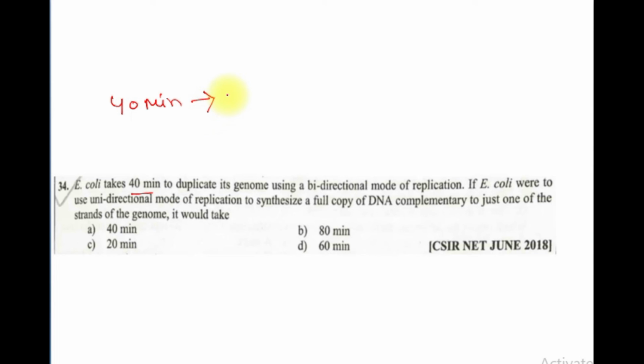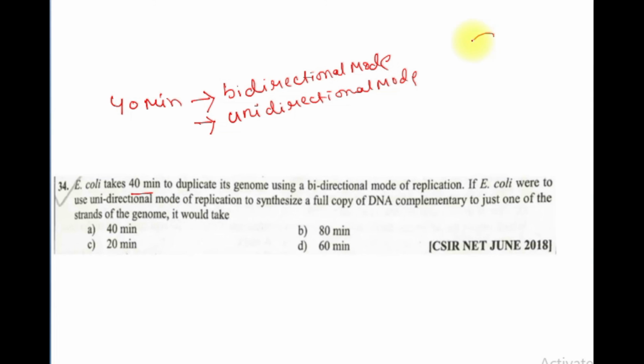If it is duplicating in bidirectional mode, okay, it is asking if it is allowed to replicate in unidirectional mode, how much time it will take. We know that E. coli has a circular DNA.